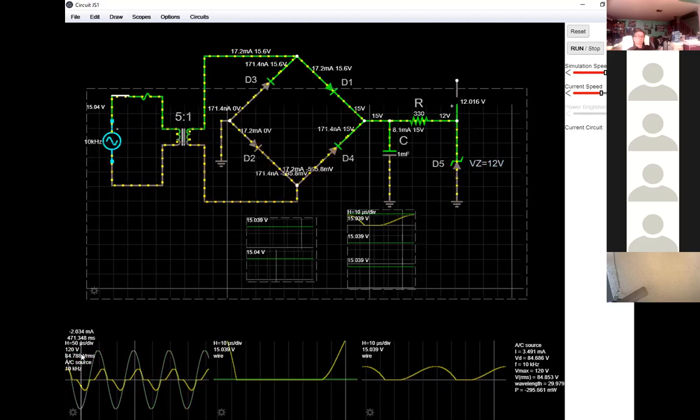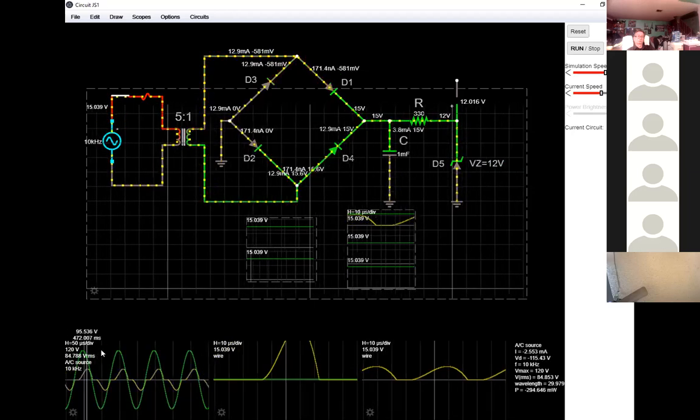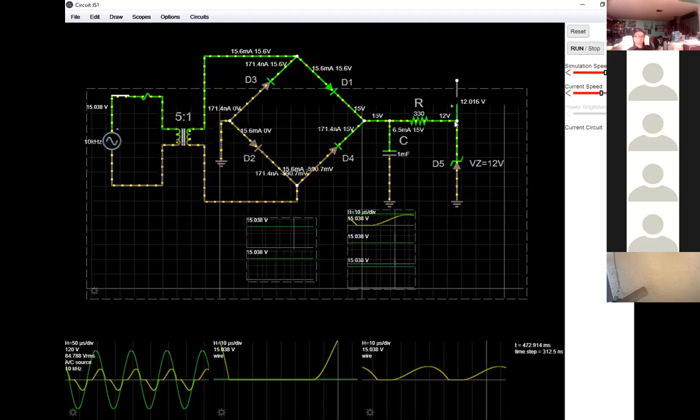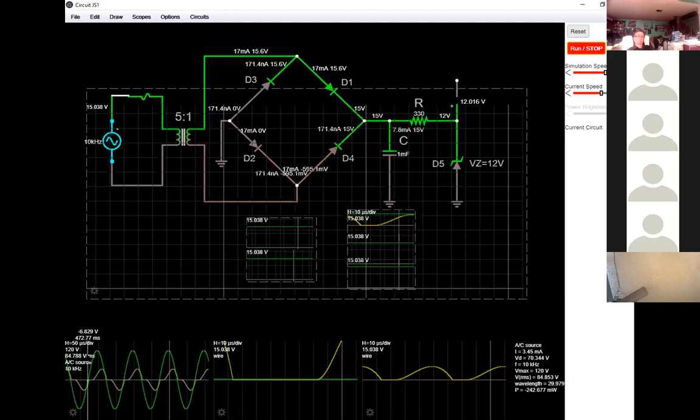So RMS right now is 84. Anyways, the voltage gets up into range, and I believe one gentleman had like 15 volts.